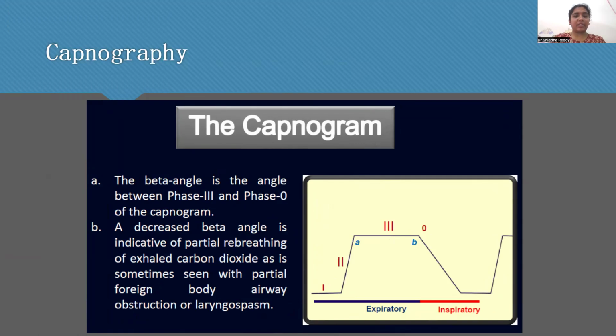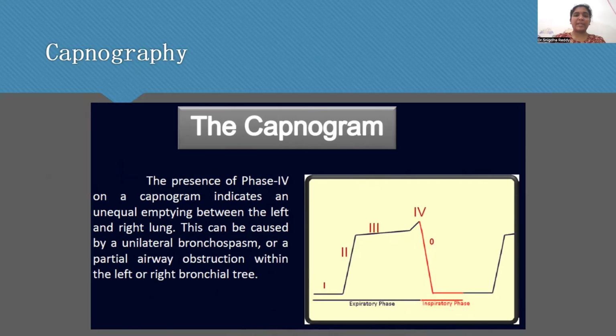The beta angle, which is decreased, is indicative of partial rebreathing or foreign body obstruction. The presence of phase 4 on the capnogram indicates uneven emptying between the left and right lung. This can be caused by unilateral bronchospasm or partial airway obstruction within the left or right bronchial tree.